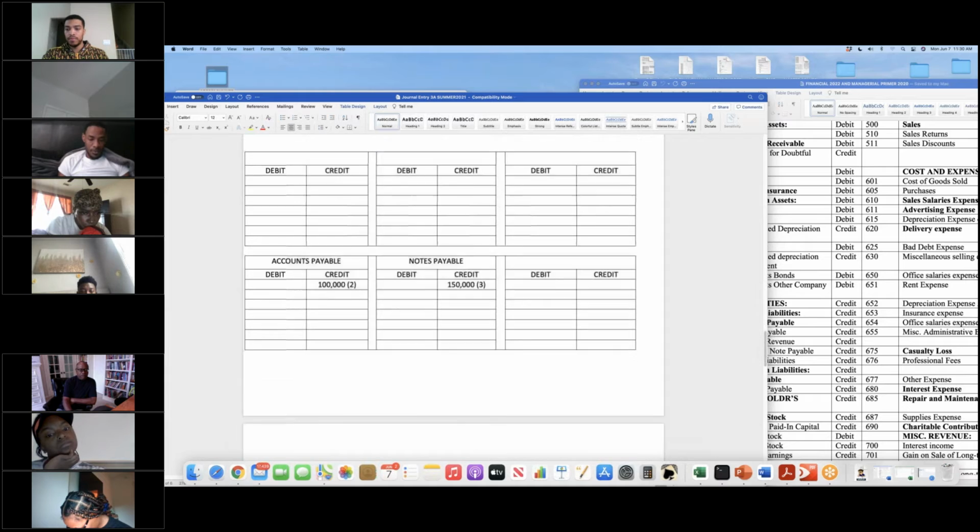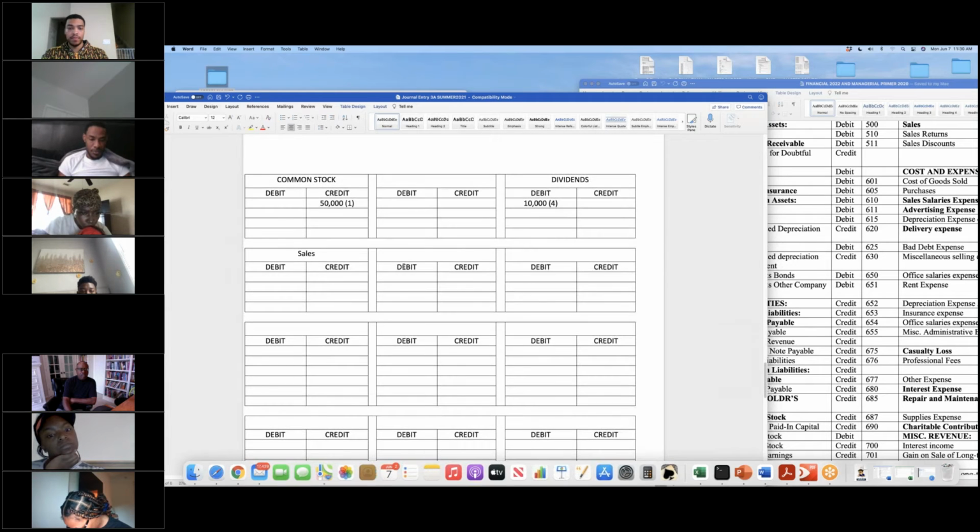Let's post the debit first, so we're going to stay in order. We've got to put our accounts in, whatever they are. So sales salaries. What side are we going to put it on? The debit side.